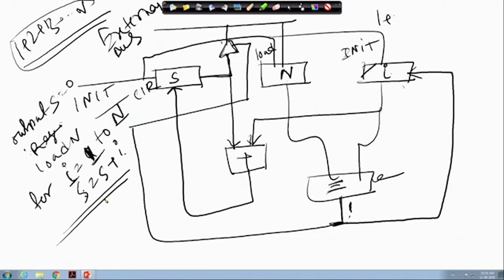Here you see this n register. Once it is loaded, after that it is not doing anything, it is just sitting idle. Once it is loaded, in each cycle it just compares the corresponding I value. Why is it sitting idle?